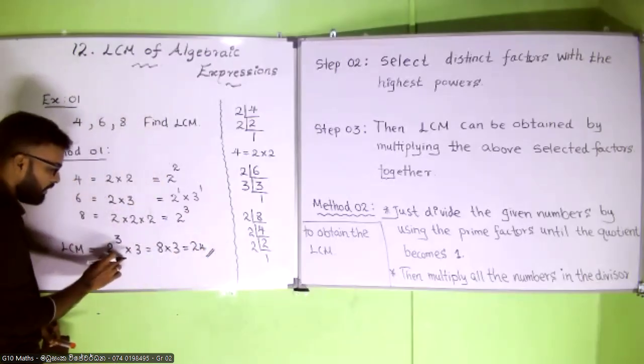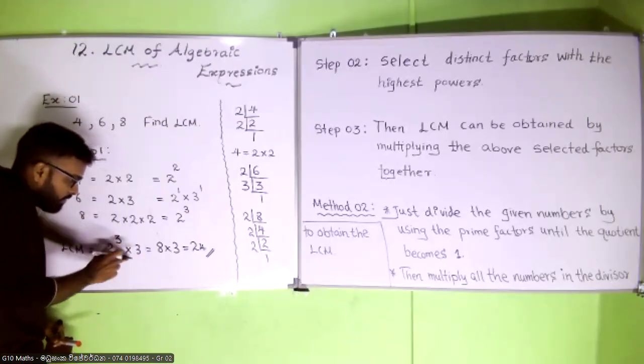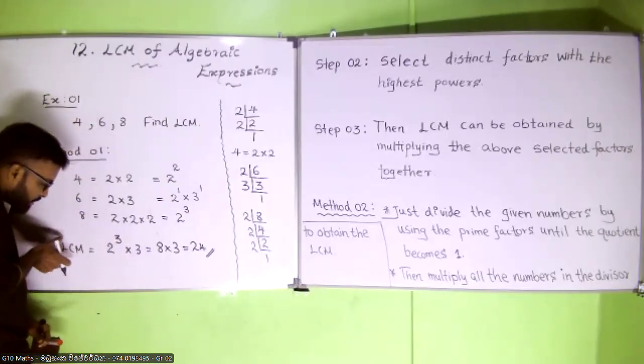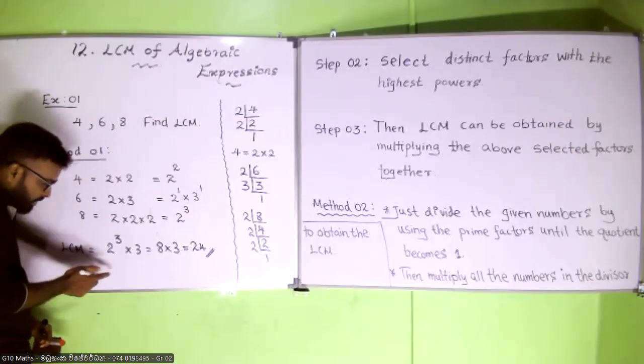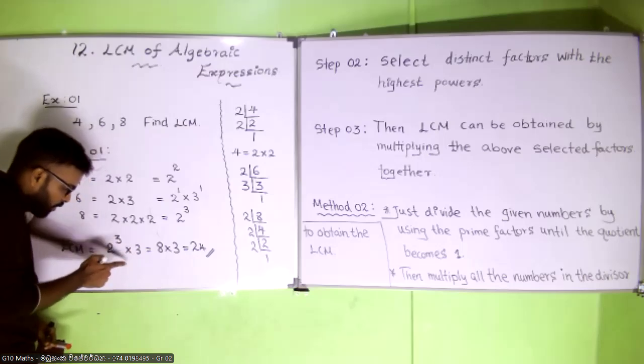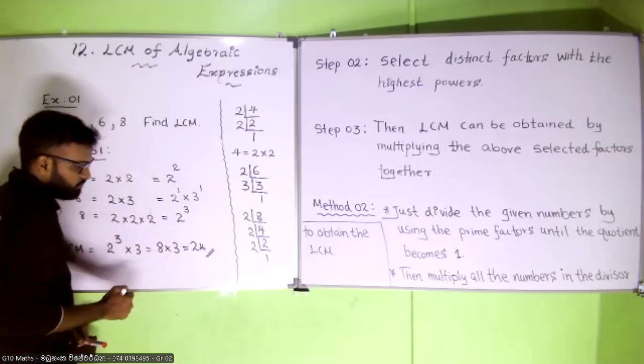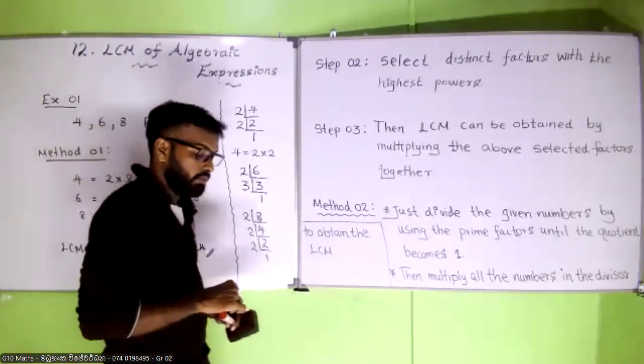I have multiplied the selected distinct factors with their highest powers to obtain the LCM, as in the third step. The LCM would be 24.